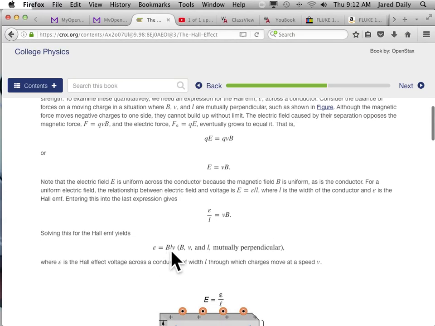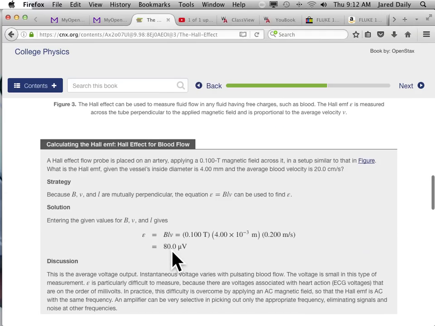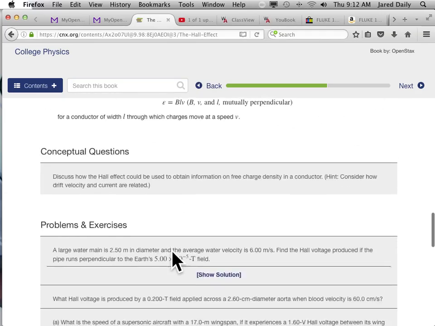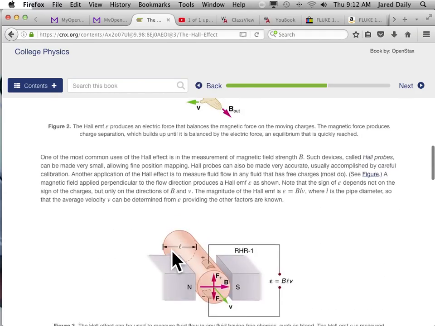The magnetic field times the length of the material that is in the field that is perpendicular to the field. So that's the perpendicular length of the material in the field, and the velocity of the particles that are perpendicular to the field.